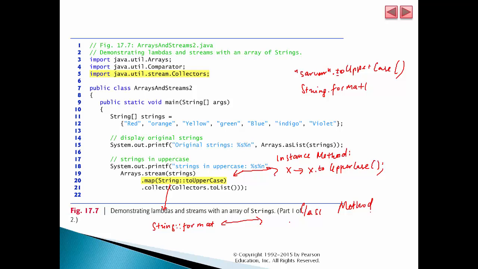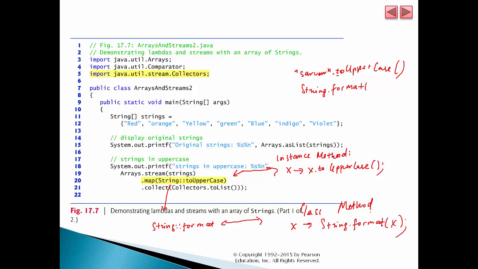It will be equivalent to, so I've got an element as x, right? So it will be equivalent to String.format(x). So it passes the value like this. It won't call the instance method on it, but instead it'll pass the actual value to the static method of the class that you're calling.